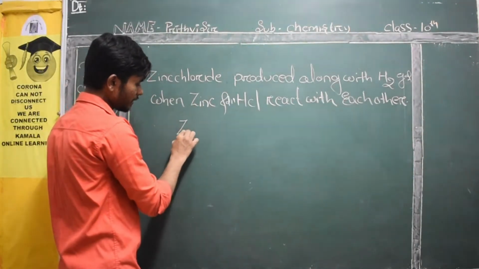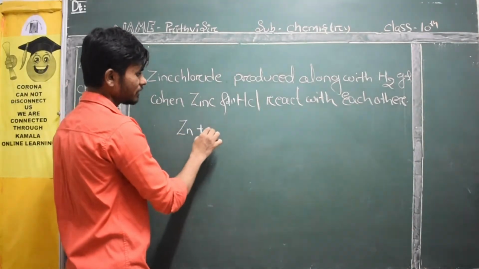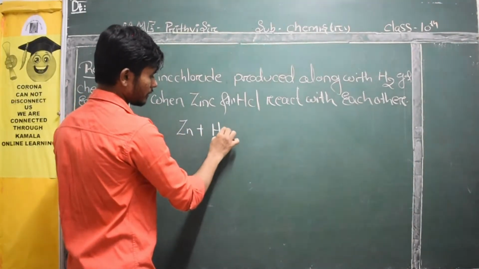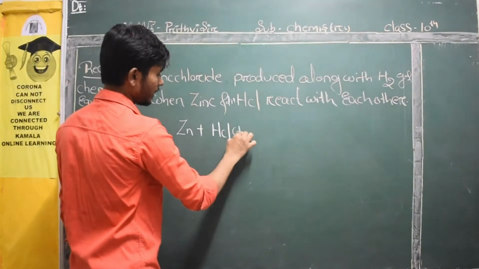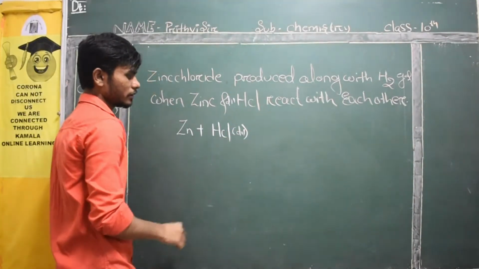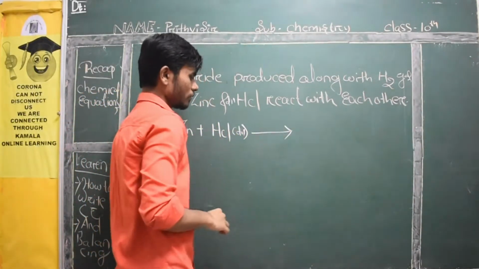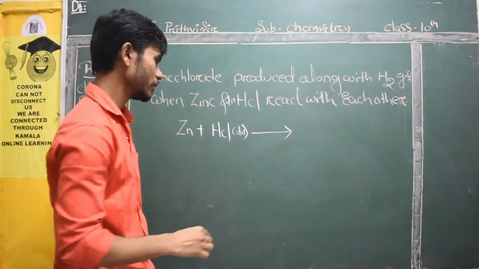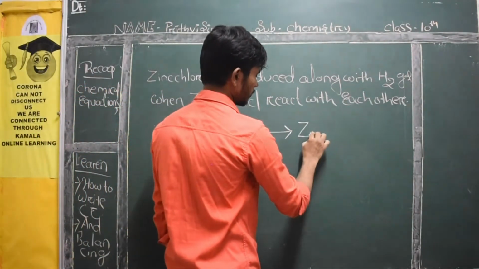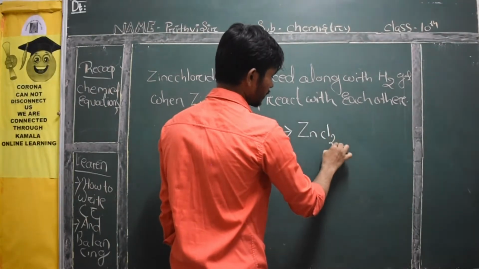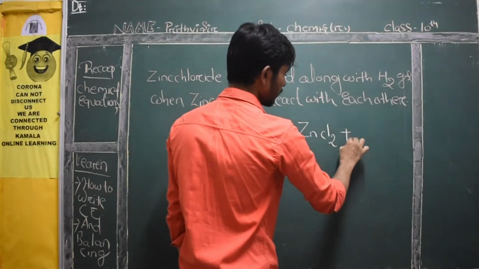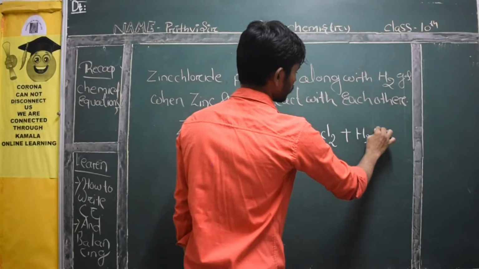So I will write here zinc plus, in brackets, dilute HCl. Now what did it give? It gave ZnCl2, which is known as zinc chloride, plus hydrogen H2.